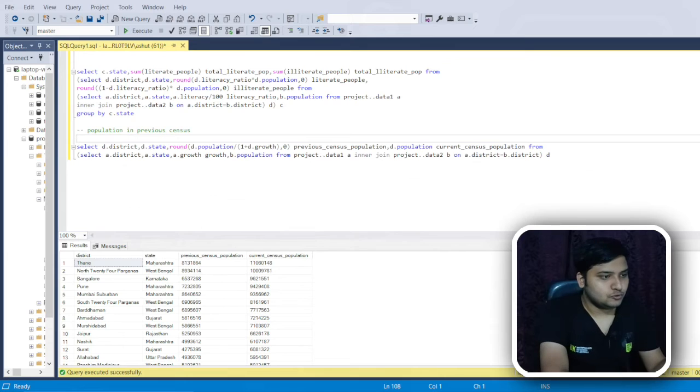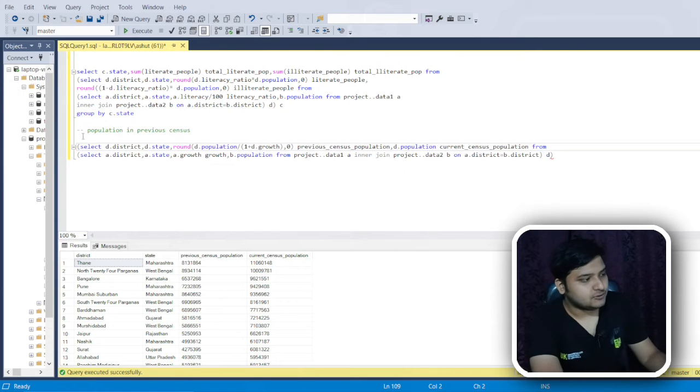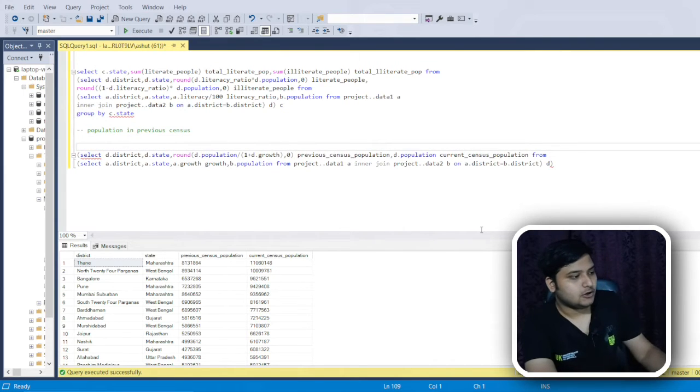Let us group this by the states. Let us see what was the average growth or the total growth of the state as well.